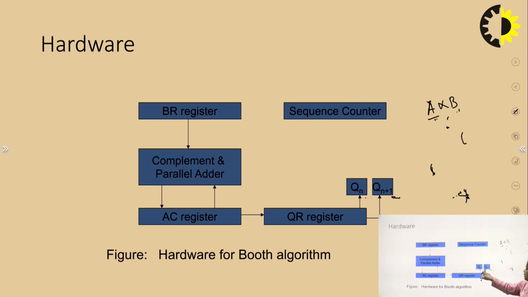That is a 1-bit flag register, and at the initial stage, we are using this as 0. There is again a sequence counter, also called SC, and this sequence counter represents the number of steps you are going to use to get the final result.